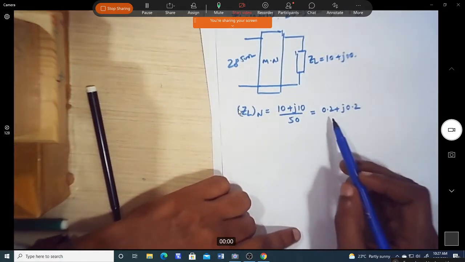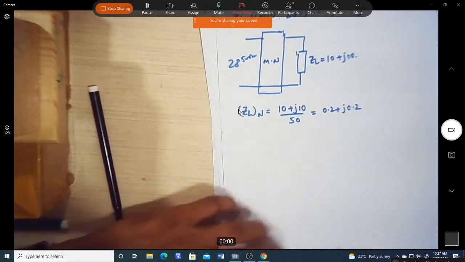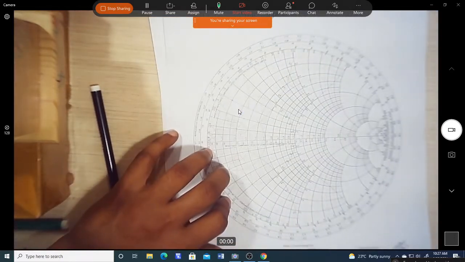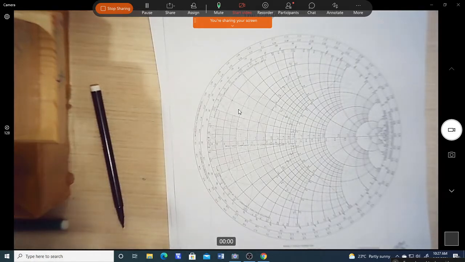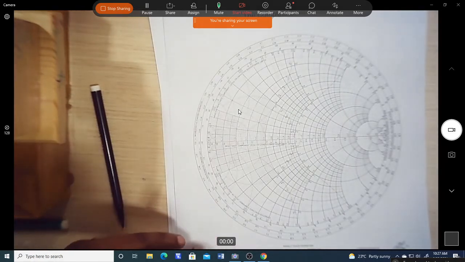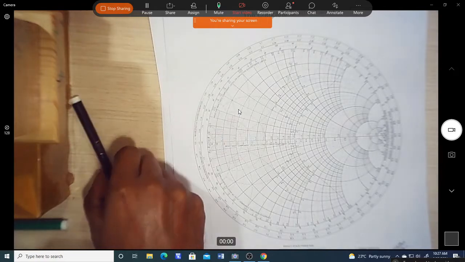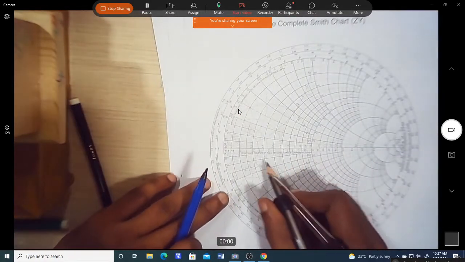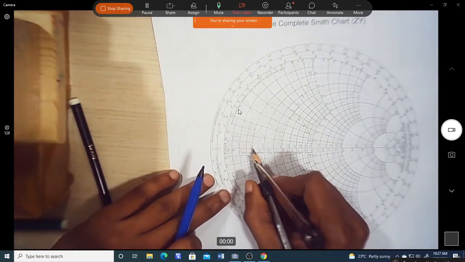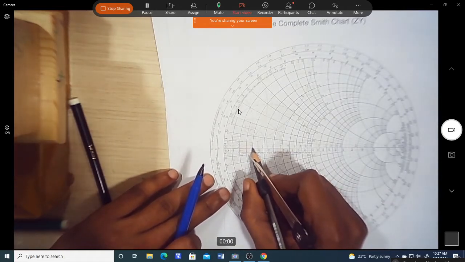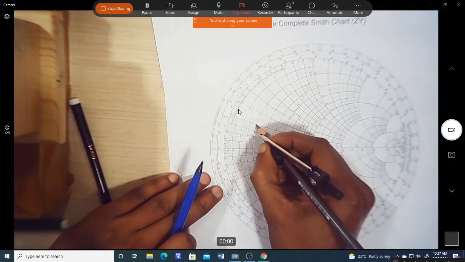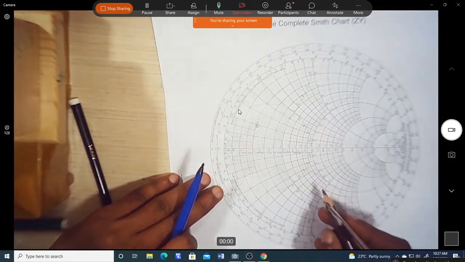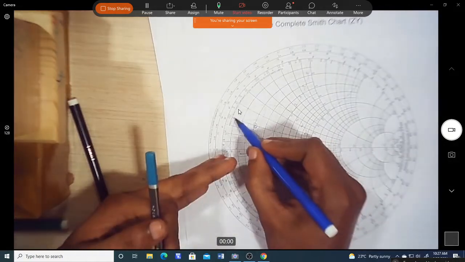Now locate the ZL and see where exactly it lies. So this is 0.2, and plus J0.2, this one. You can see exactly that it is located inside the unity conductance circle.